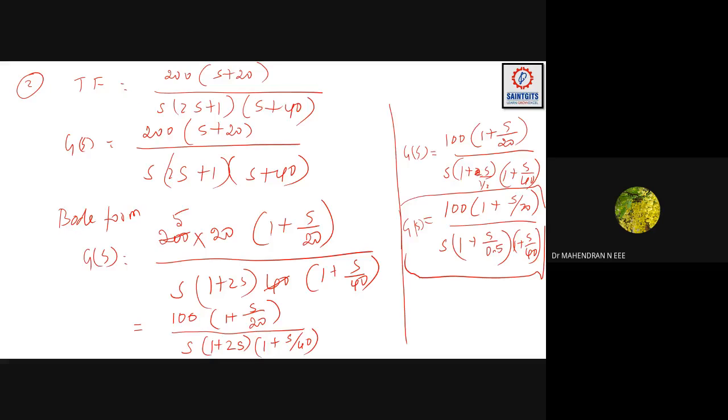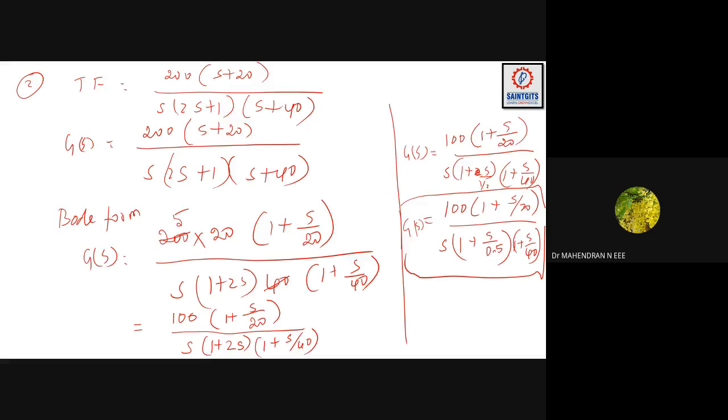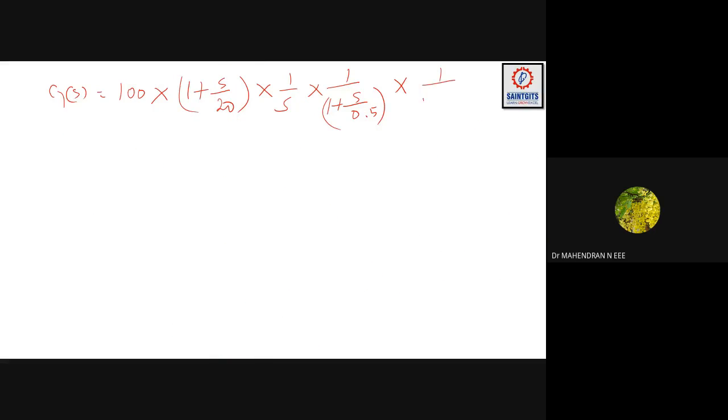Then G(s) equals 100, and now we separate the terms: 100 into (1 plus s by 20) into 1 by s into 1 by (1 plus s divided by 0.5) into 1 by (1 plus s divided by 40).